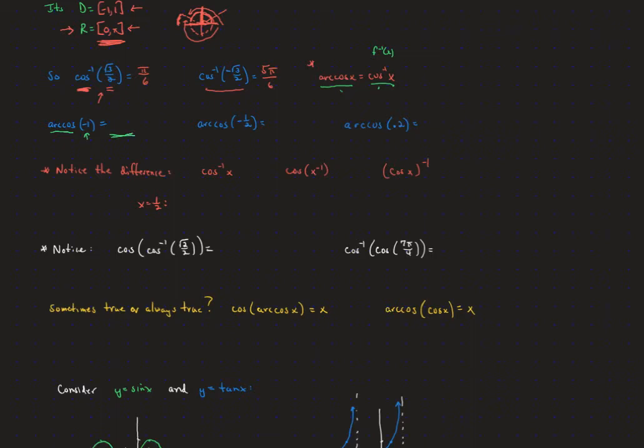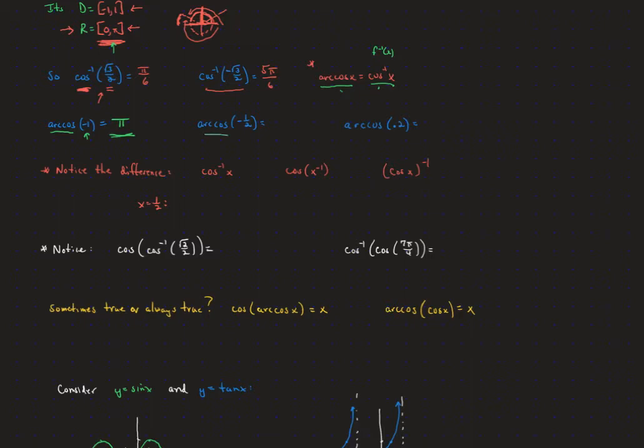We want the angle whose cosine is -1, and we want that angle to be between 0 and pi. Since the cosine of pi is -1, that means that the arc cosine of -1 is pi. That is the one and only correct answer.